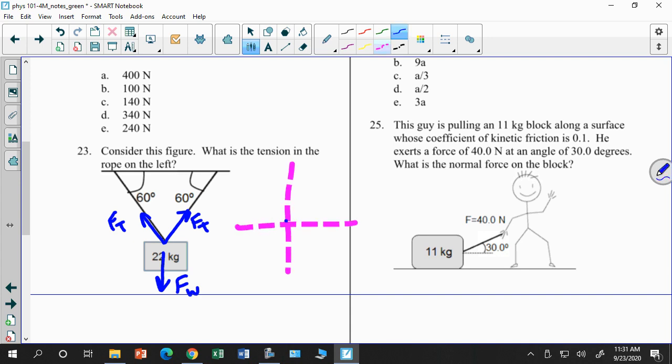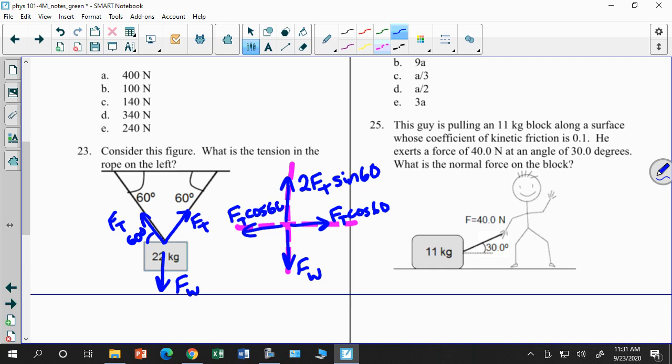I have 2 FT, this angle is 60 degrees, sine of 60, and FW, and here I have FT cosine of 60, and FT cosine of 60. So if I want to know FT, I'm going to look in the y direction.